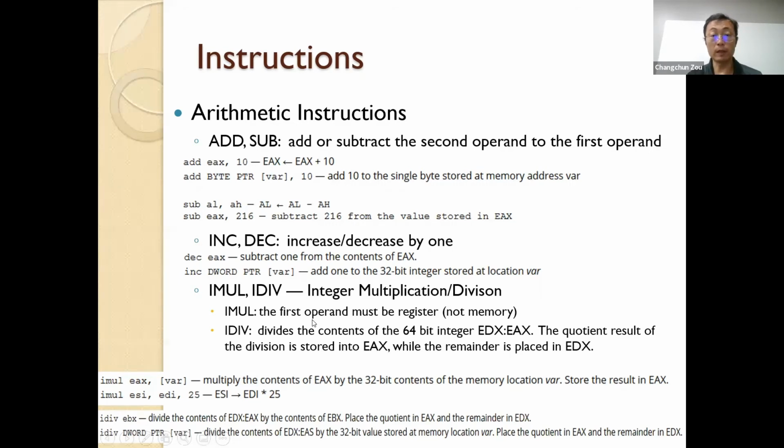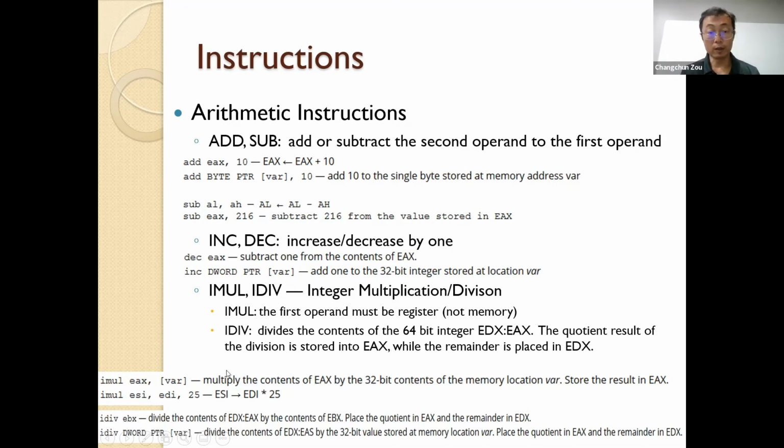So for multiply, the first operand must be a register, not memory. For integer multiply, the first operand must be a register because the saved output should also be in this register. This is the second operand multiplied with the third constant value, and it will be saved in the first register.